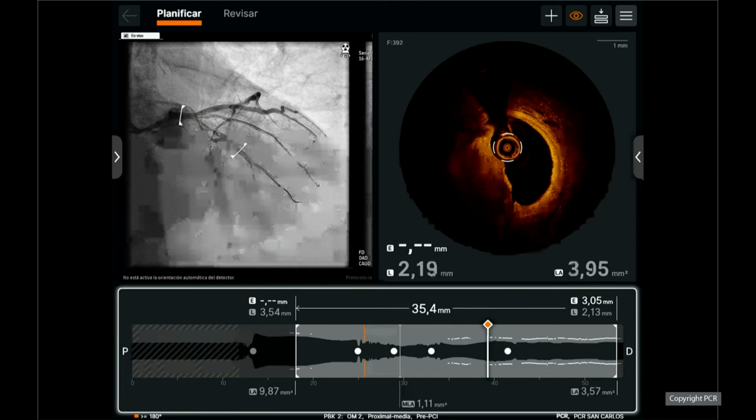Yeah, this is also an interesting aspect. You can see that when we activate the system here, the system is telling you where the calcium is, the orange line. So you can see, for example, here, a big chunk of calcium that is 180. The system is also telling you about the thickness of the calcium, and this dotted line is indicating the EEL in the area where the system is able to recognize the EEL.